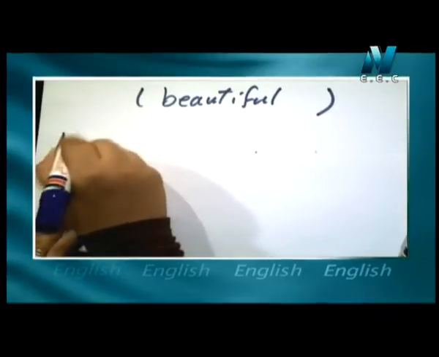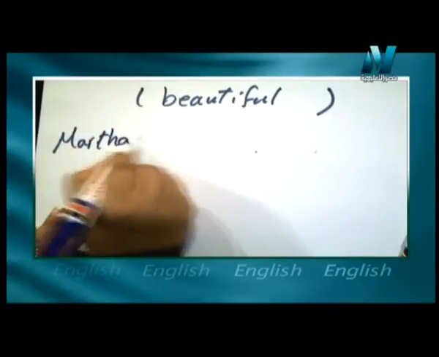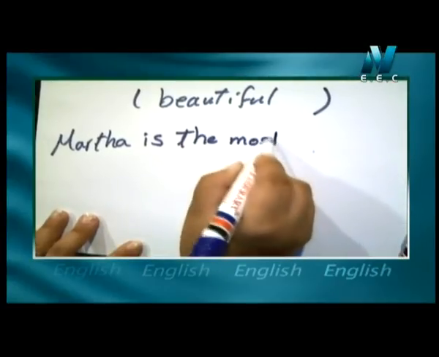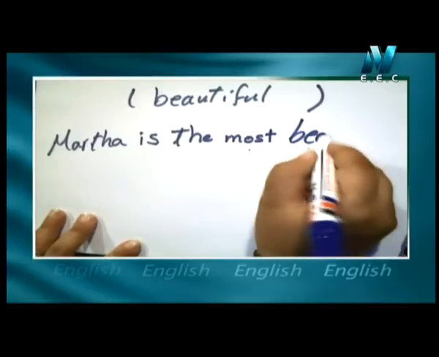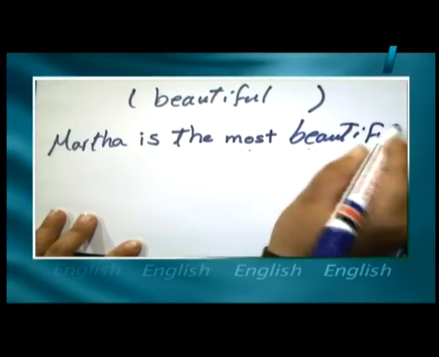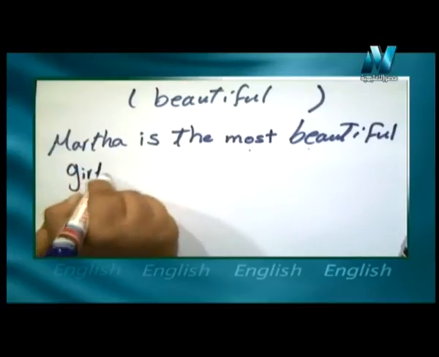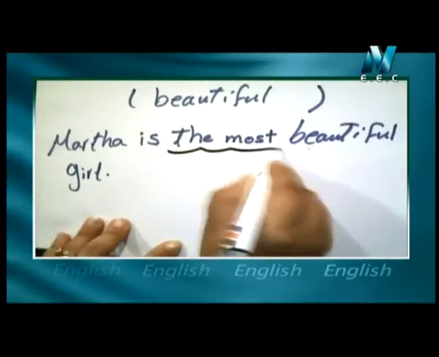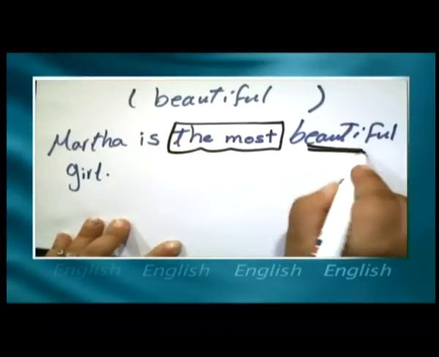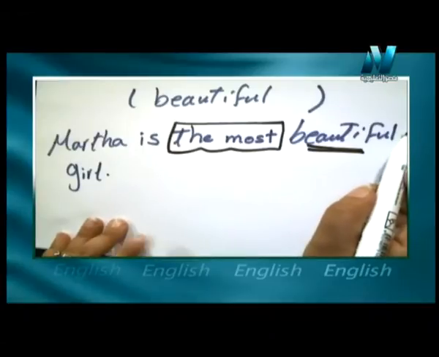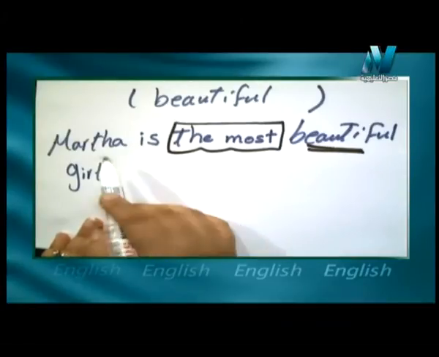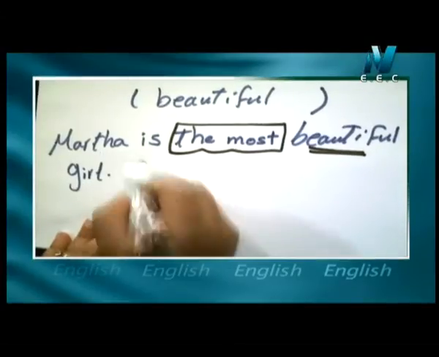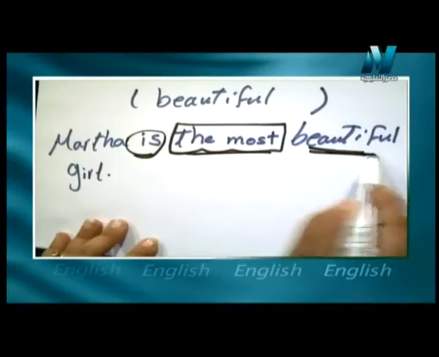So I will say Martha is the most beautiful girl. Here I will put the most and then the adjective. I will not put est after the adjective. It's already long. Martha is the most beautiful girl. Again, Martha, verb to be, the most beautiful girl.